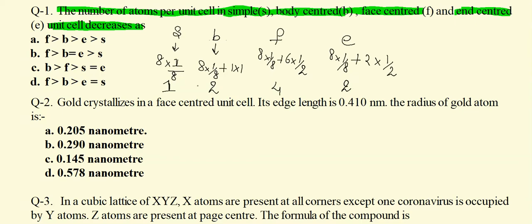So if I arrange them in descending order, it becomes F is greater than B is equal to E is greater than S. Sorry, B is equal to E, not greater than.